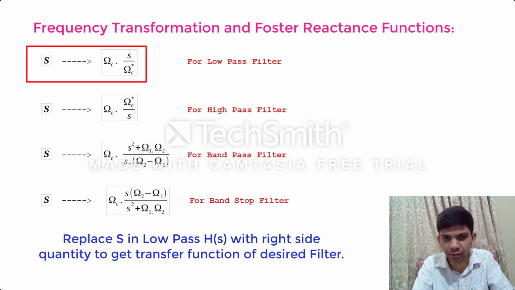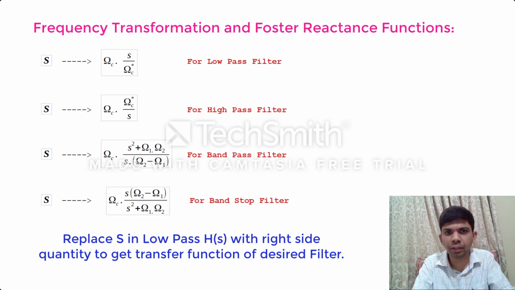Here omega c is the cutoff frequency of the prototype filter, which is assumed to be 1 radian per second. It means the complex variable s in the transfer function of the low pass prototype filter is to be replaced by s divided by omega c star. Omega c star is the desired frequency of the new filter.